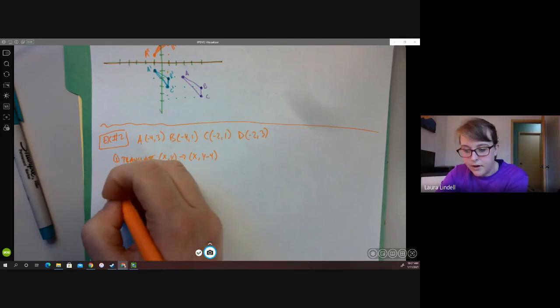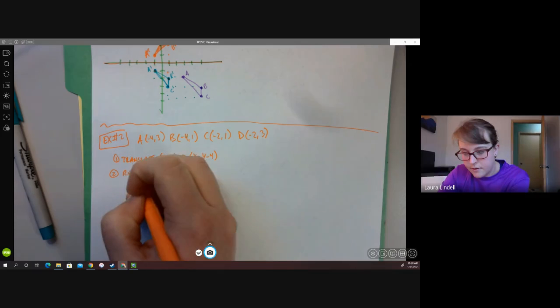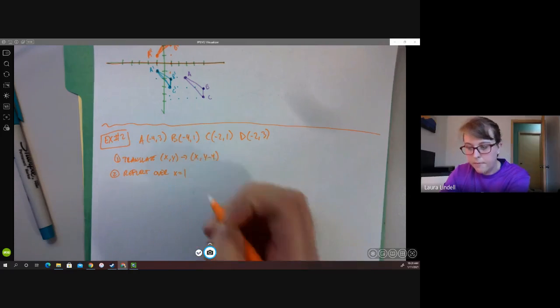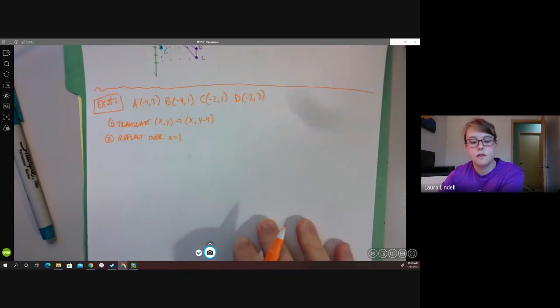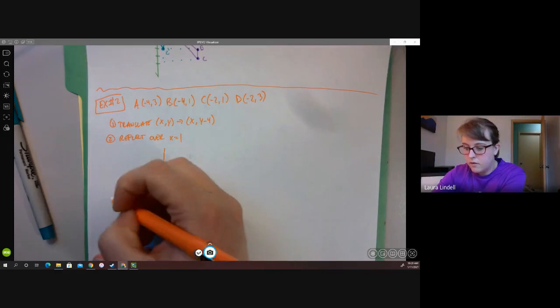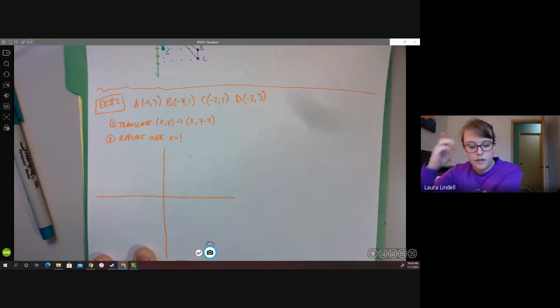And then our second instruction is to reflect over x = 1. And so we're going to make ourselves a nice graph. On this graph, I'm going to go out to 6 in all the directions.